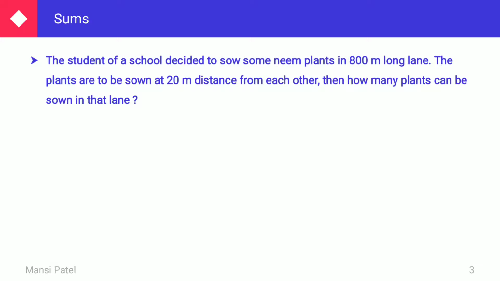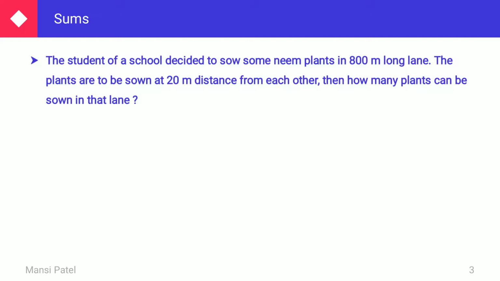Now, when they sow the neem plants, the distance between two plants is 20 meter. So the plants are to be sown at 20 meter distance from each other. Now you have to find out how many plants can be sown in that lane.